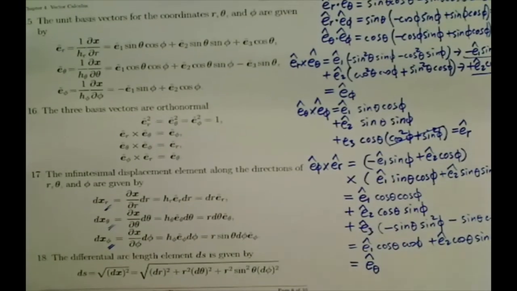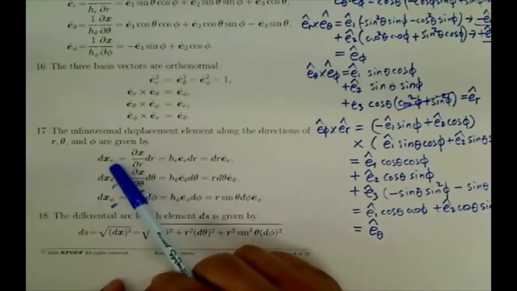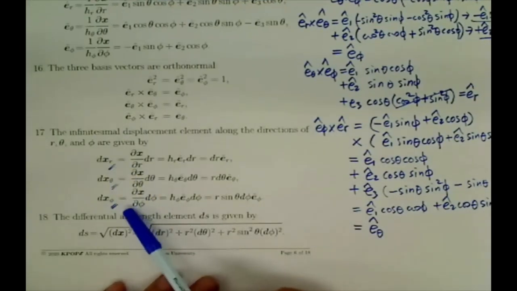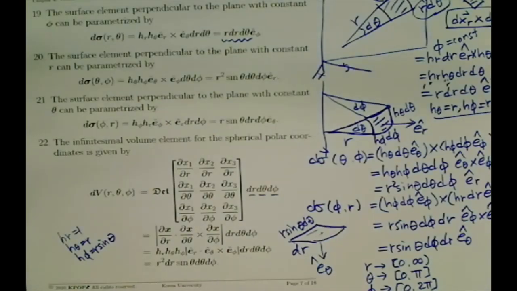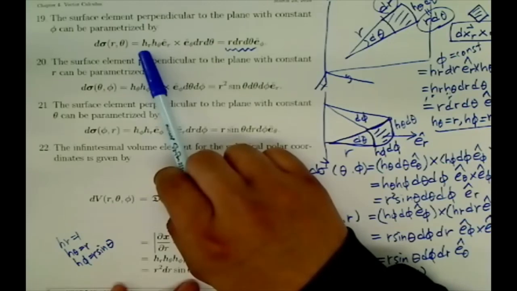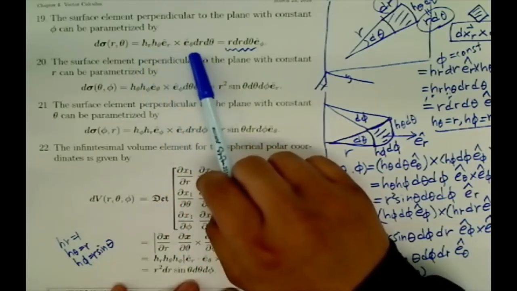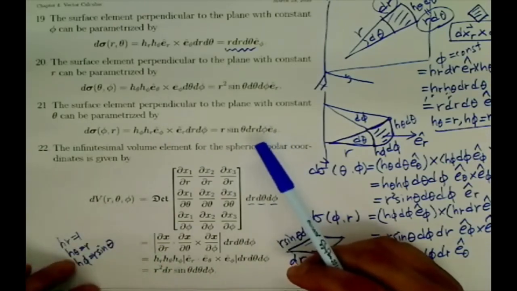By making use of these unit vectors, we were able to construct the displacement along each direction and combine them 2 by 2. We were able to find the infinitesimal area elements spanned by r theta, theta phi, and phi r.